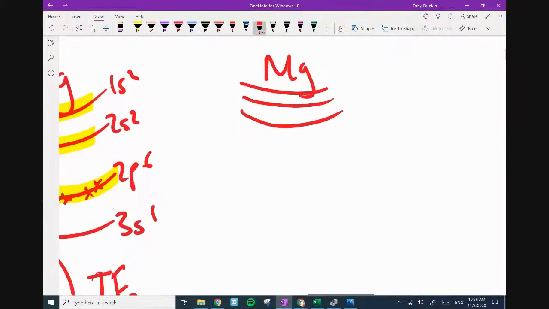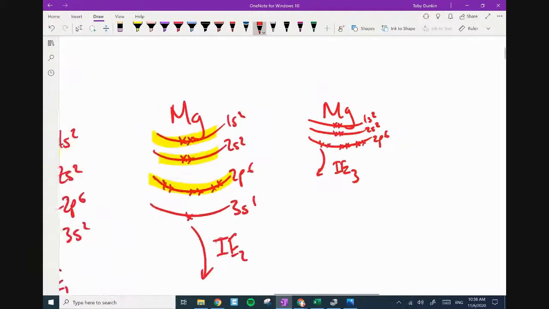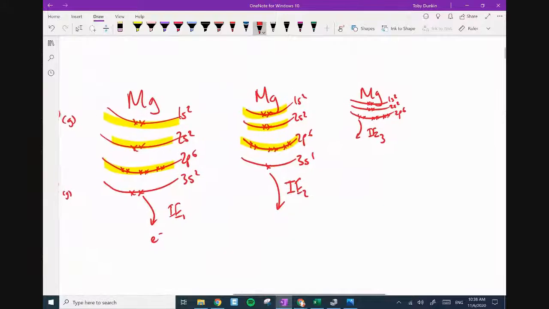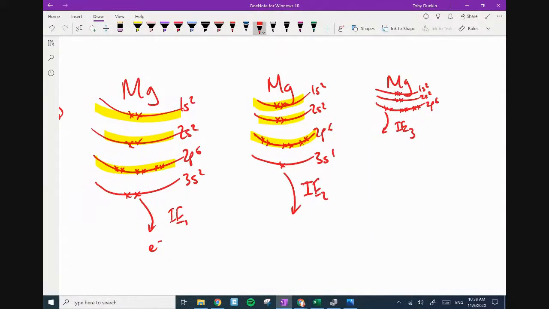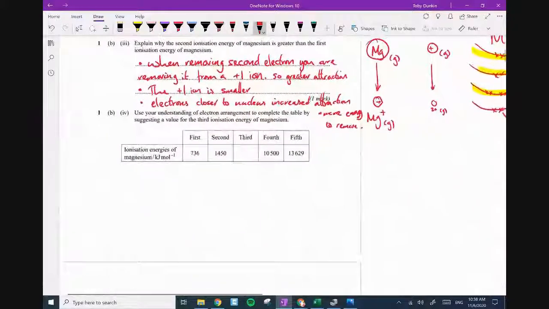Right, now I'm removing it from 1s2, 2s2, 2p6. Now there's less shielding. I'm now removing one of the electrons from an energy level closer to the nucleus. Now there's less shielding. Does that make sense, Anch? So, no, you're not allowed to actually say that one. Something to bear in mind.